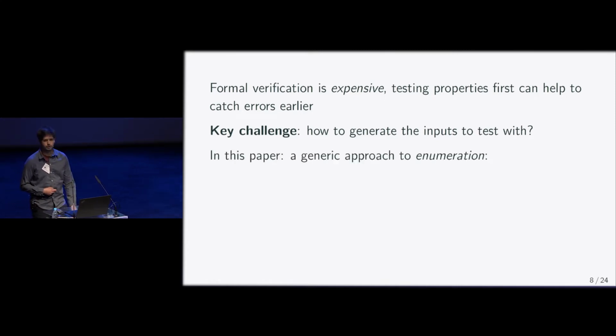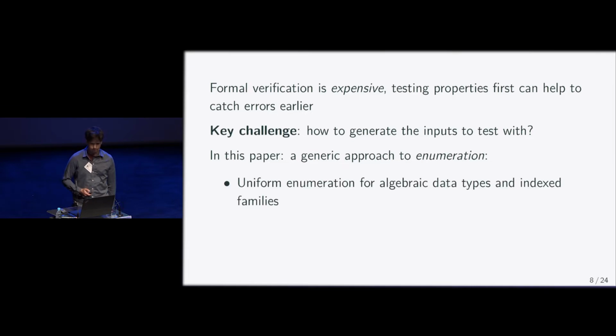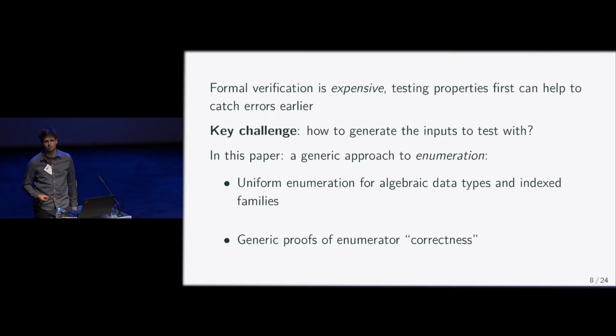And what we do in this paper is we use a generic approach to exhaustive enumeration of these test values. And what this gets us is a uniform enumeration of the inhabitants of algebraic data types and index families. And we can write some generic proofs that establish some notion of correctness for these generic enumerators.